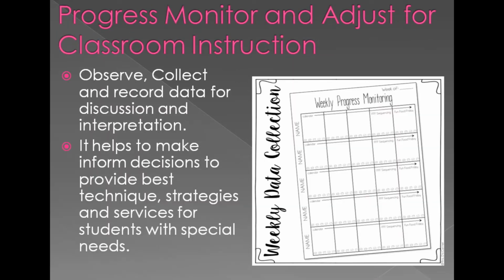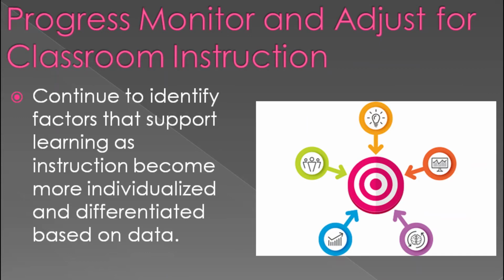So, the question is, how do we really progress monitor and adjust the classroom instruction? Well, here we go. We continue to observe, collect, and record information for further discussion and interpretation of information gathered to answer questions and make informed decisions in providing the best techniques, strategies, and services to students with disabilities.